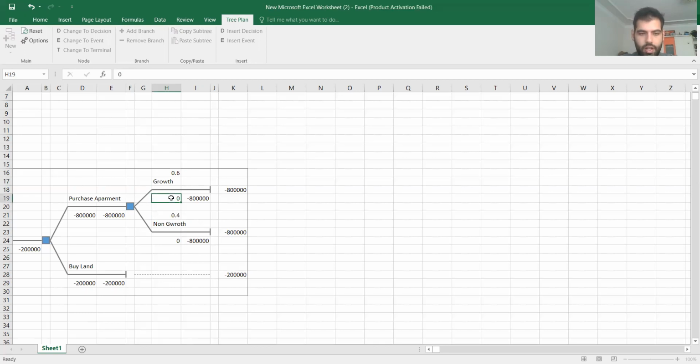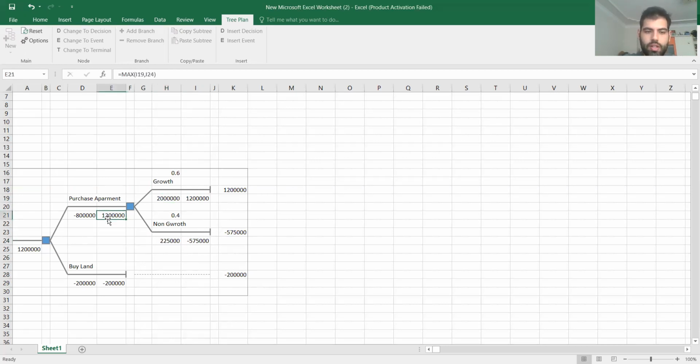And when we calculate it, we will earn about $2 million. On the other hand, $225,000.